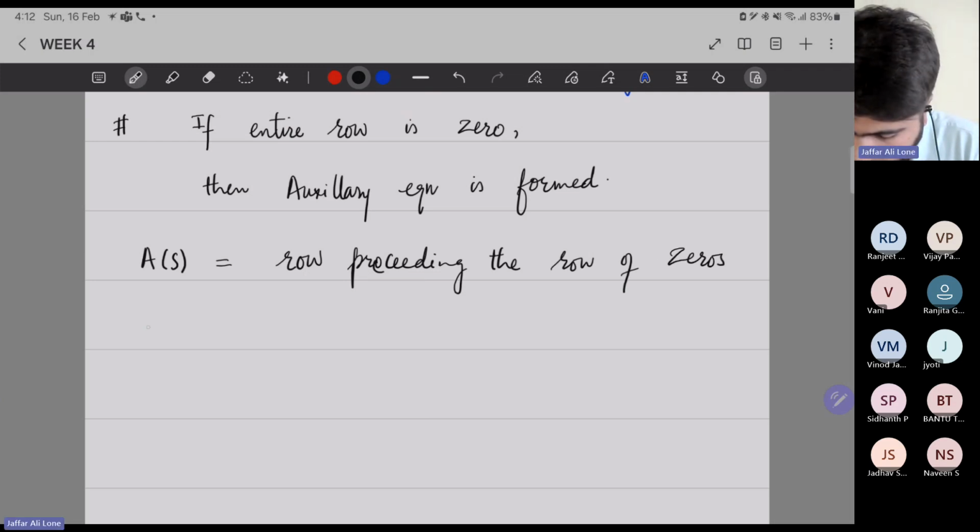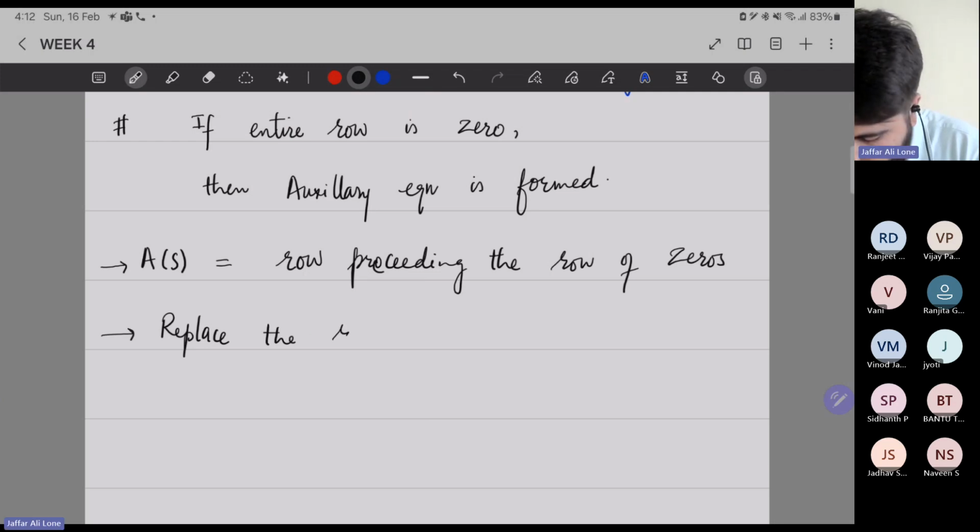Correct? And then after we make this auxiliary equation, we replace the row of zeros by d by ds of A(s).